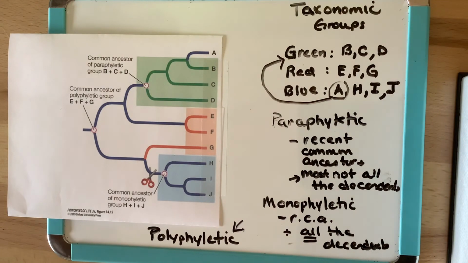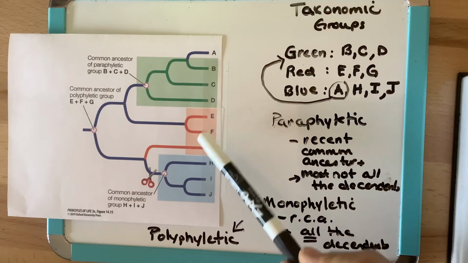That fourth kingdom you may be familiar with, Protista, is no longer considered a valid taxonomic group because it was determined it was polyphyletic. And that's when, in the case of the protists, we see that some are more closely related to animals than anybody else, some more closely related to plants than anybody else, and some just very distantly related from one another. So this would be kind of the example here.